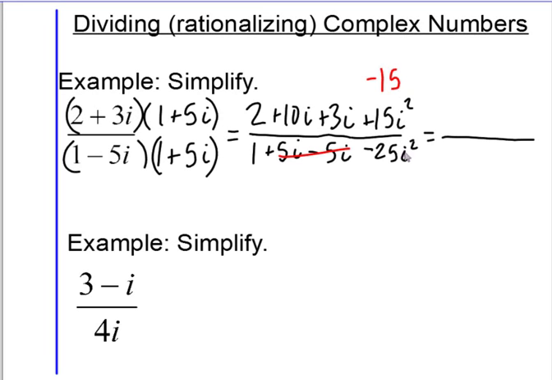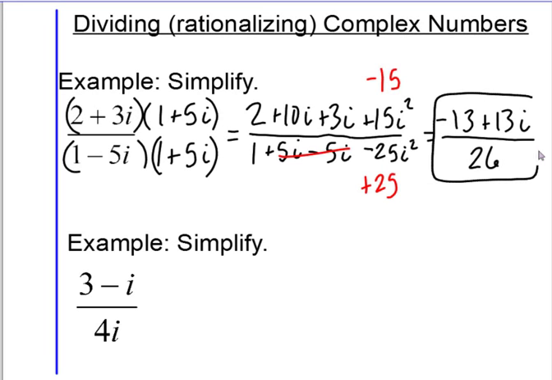And the negative 25i squared is actually a positive 25 because the i squared is a negative 1. So when we write our answer, let's do 2 minus 15 and get negative 13. 10i and 3i make 13i. And a 1 plus a 25 is a 26. So this would be my final answer with no more i's in the denominator at all.